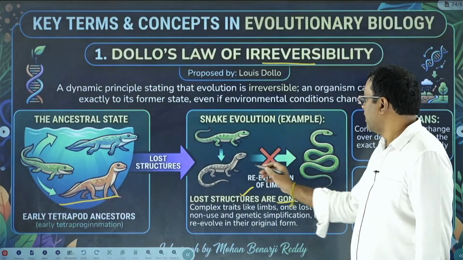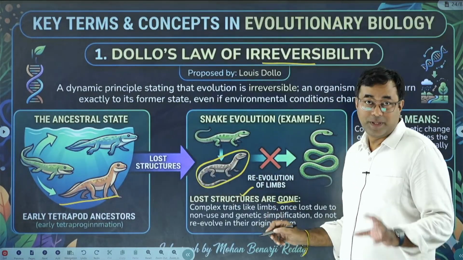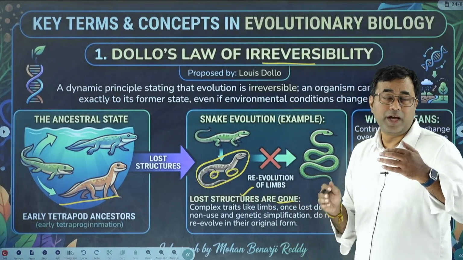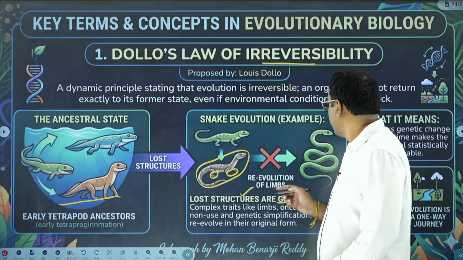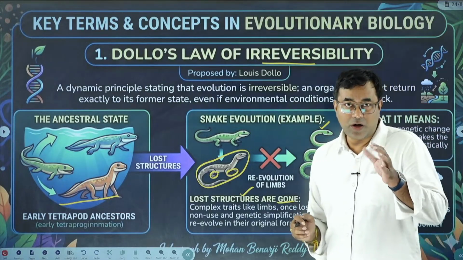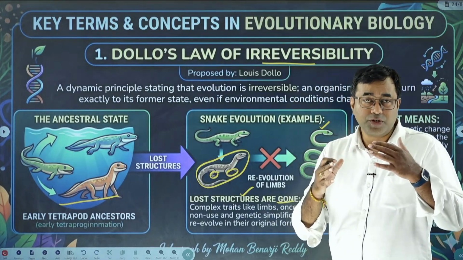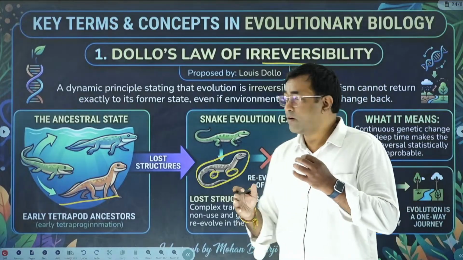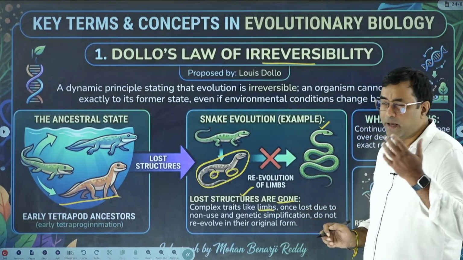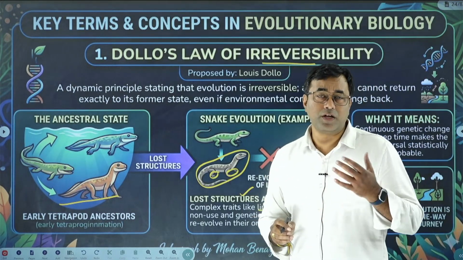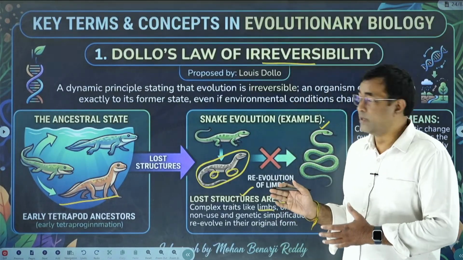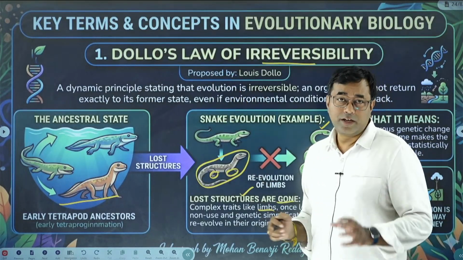Earlier, this type of species had legs or other structures helpful for movement, but they were lost over a period of time in snakes. Whenever a species has lost limbs or any body parts or organs over a period of time during evolution, it cannot be reversed. That is called Dollo's law.